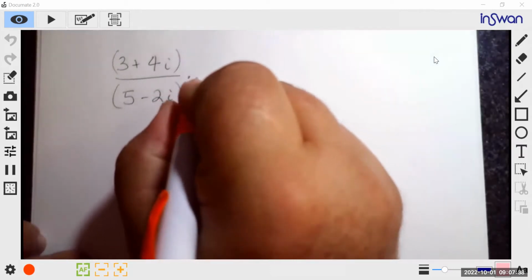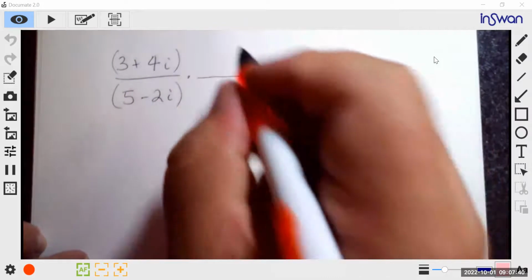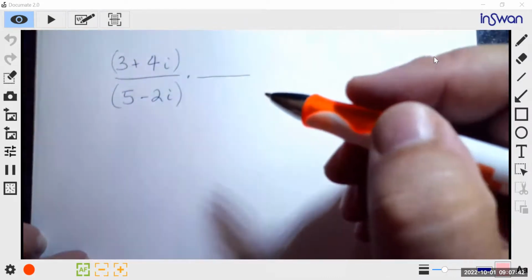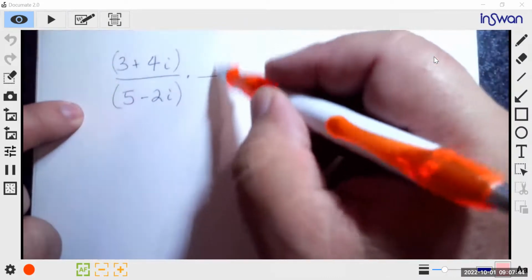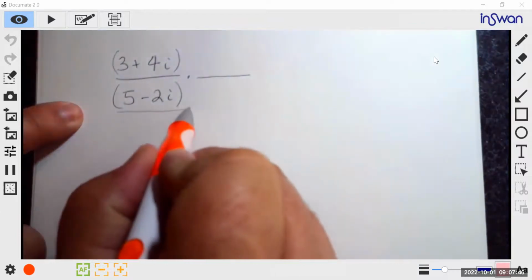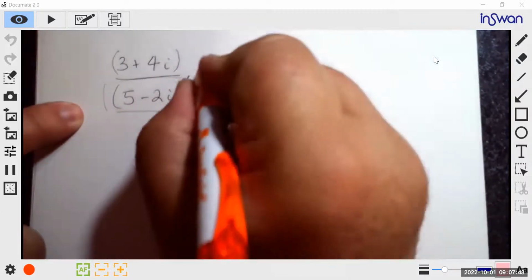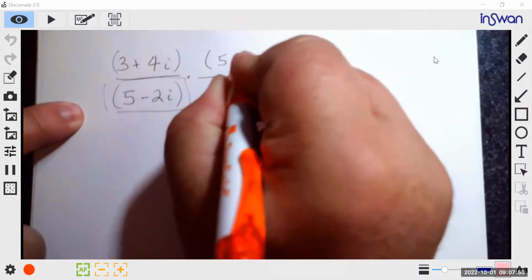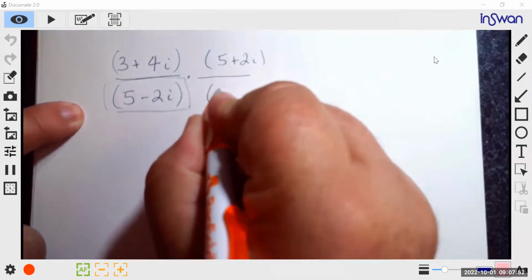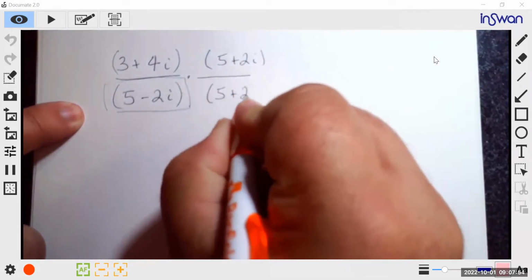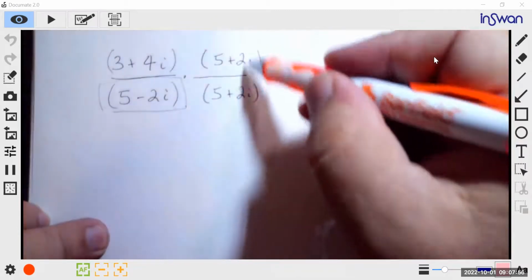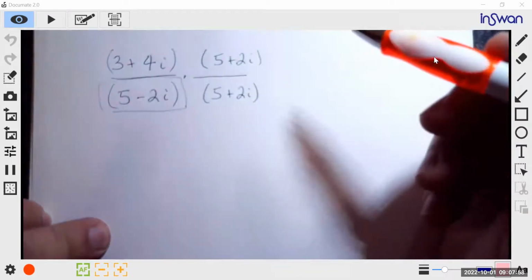The first one, 3 minus 4i, times what? Whenever you multiply, it's always the conjugate of the bottom. So it's always going to be whatever the bottom is, the conjugate of it. Because it has to be the same number because you're multiplying by 1.